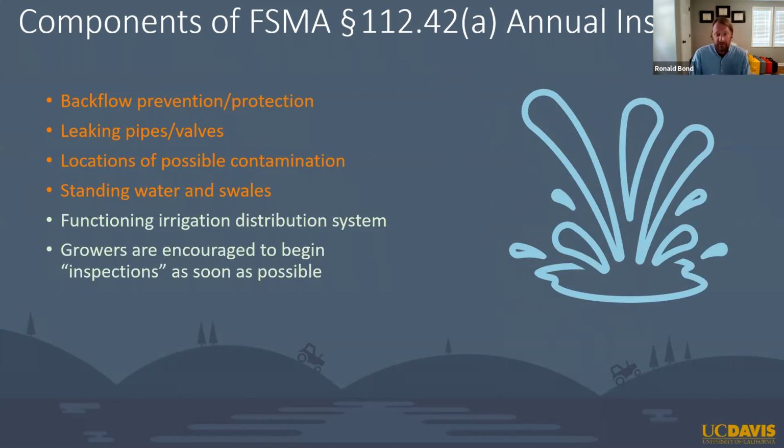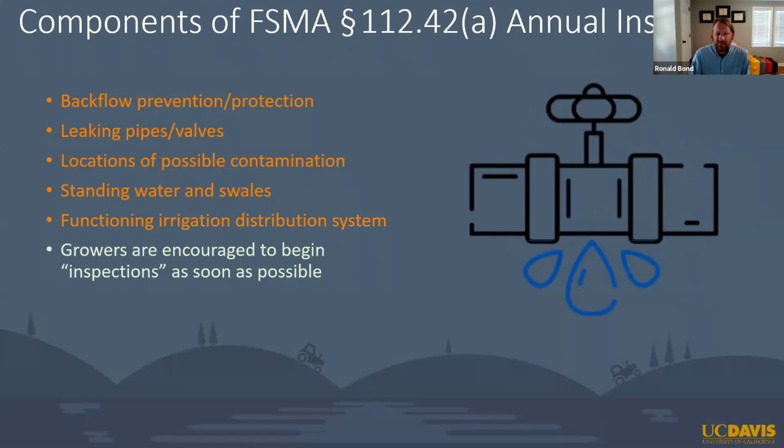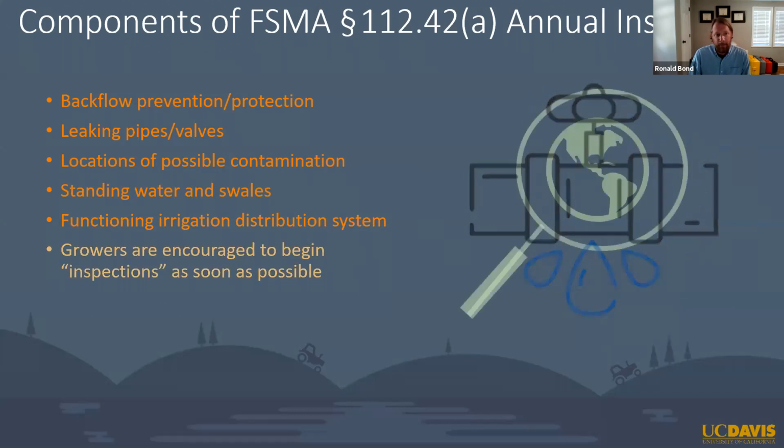Turbidity equals bacteria. It's much more contaminated than the overlying water. So the more it's disturbed, the more you can kick up more bacteria. So you'll want to mitigate the standing water or swales in the road that can hold water. And really just going through your whole distribution system and looking for problems and making sure that it's functioning properly throughout from where you take the water to where it's applied.